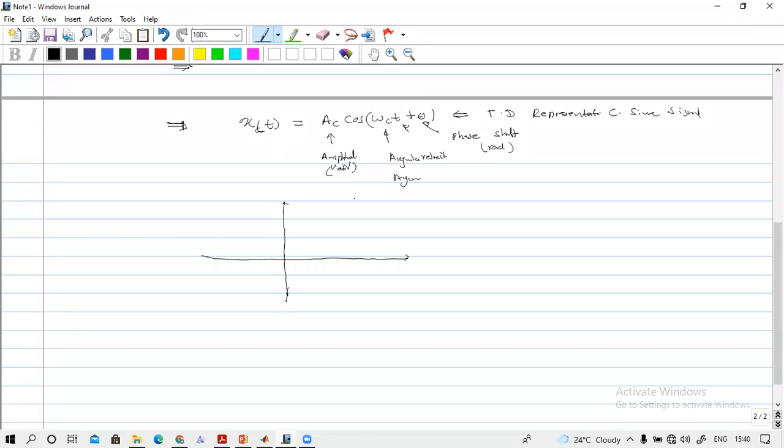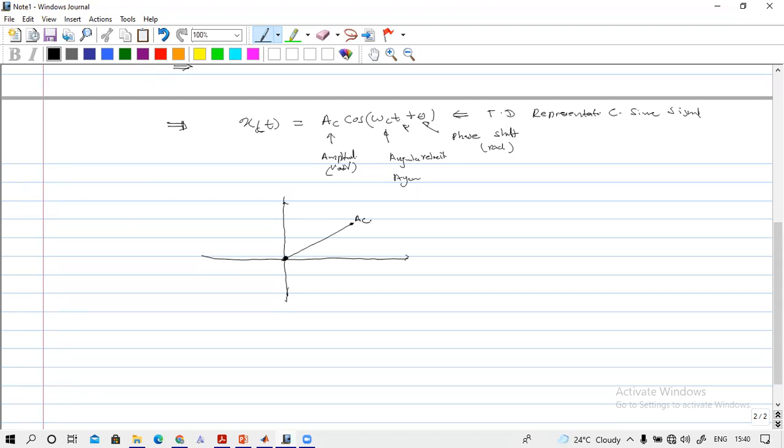If we draw the phasor diagram for this sinusoidal signal, it will look like this. This is the initial position, and here we have the amplitude.